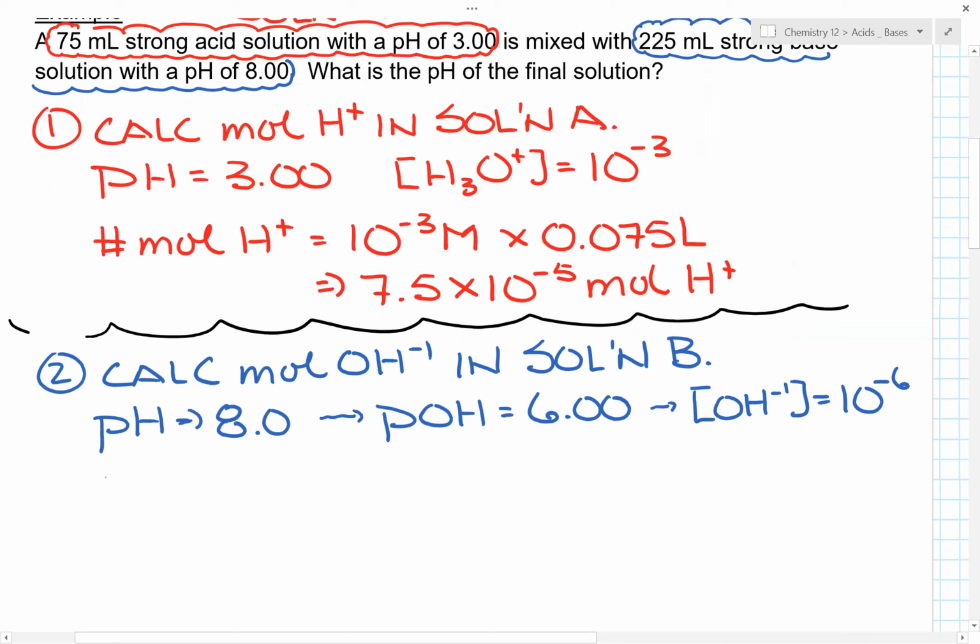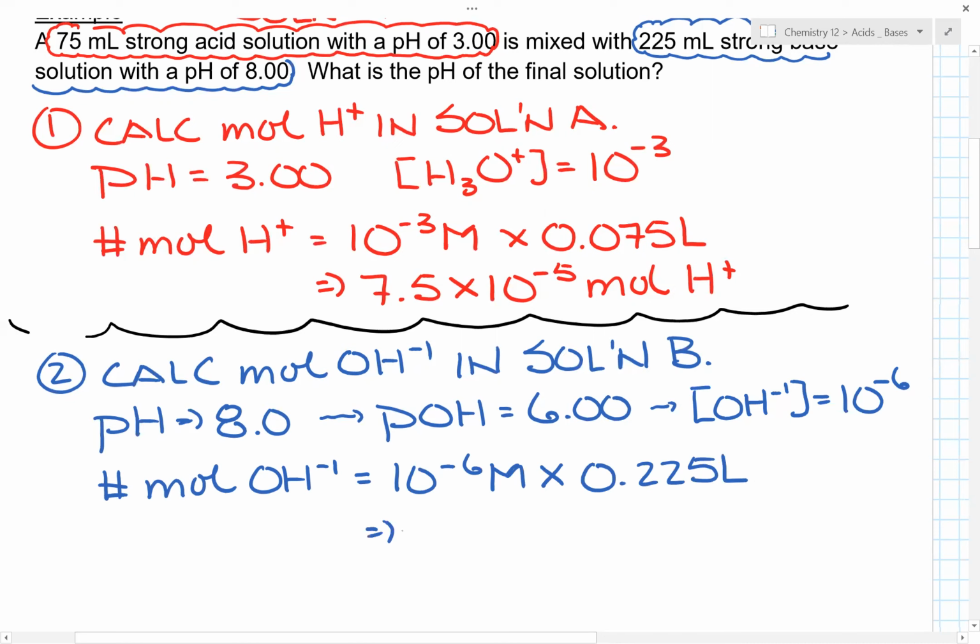Again, when we count the number of moles of OH-, that would be equal to 10 to the negative 6 molarity times 0.225 liters. So I get 2.25 times 10 to the negative 7 moles of OH-.